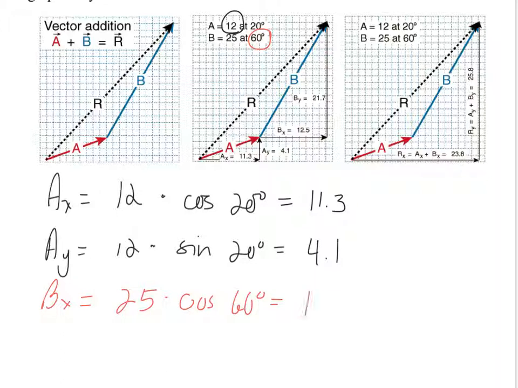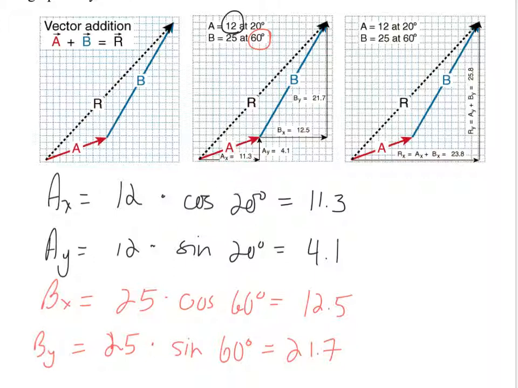And that happens to be 12.5. And then finally BY is 25 times the sine of 60 degrees. And that's 21.7. So these are these two values right here. And again, 21.7 squared plus 12.5 squared will equal 25 squared, or 625.